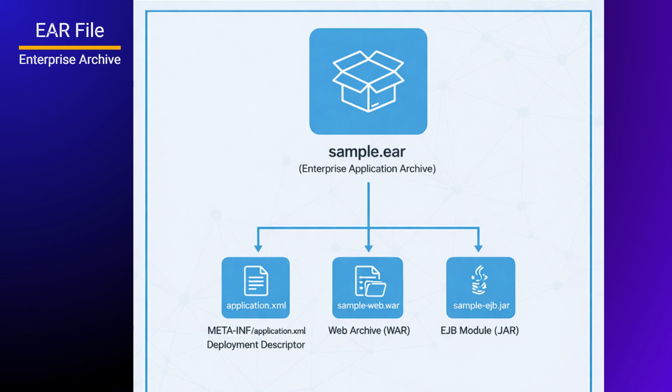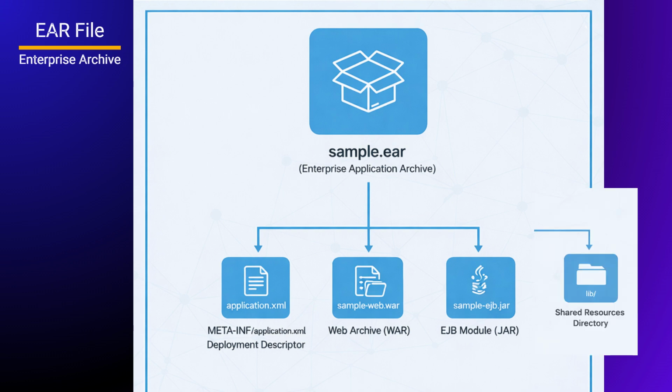It contains web modules in the form of WAR files, and it contains EJBs in jar format, and it may also contain shared resources in the form of jar files and a folder where the deployment descriptor, which is application.xml, is present. That is META-INF. So this is the structure of an enterprise archive file.